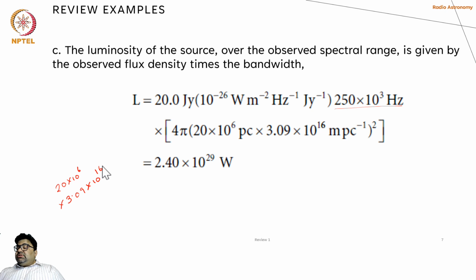Okay, so that whole square is the distance term for the luminosity. And so if you multiply this with the bandwidth times the flux density, you get the total luminosity in this particular band as 2.4 times 10 to the power 29 watts. Okay.